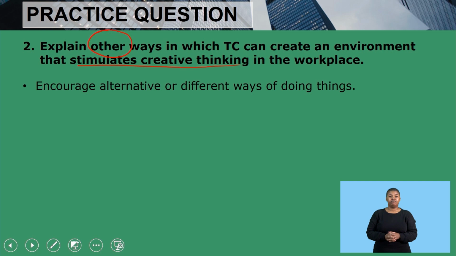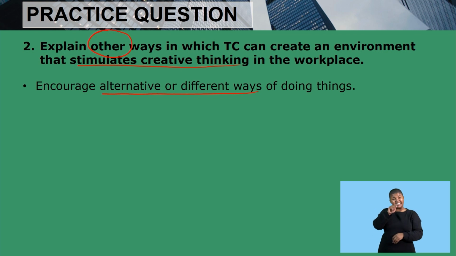Now remember, grade 11s, that when the question asks for other, you are then supposed to come up with other responses that are not on the scenario that we have just read. The first one says, encourage alternative or different ways of doing things. In simple terms, you need to encourage your workers as a business to come up with different ways of solving problems that they are not used to.